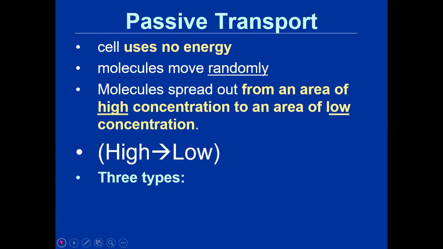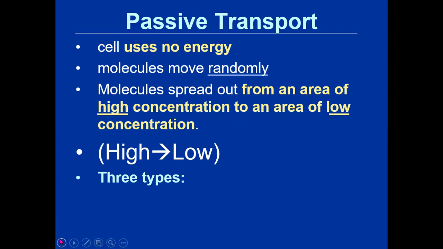So when concentration equilibrium has been reached, we do not say that the molecules are not moving. No, the molecules are moving, except that there is no net movement of molecules, all right? What is going in one direction is being cancelled by what is going in the opposite direction.